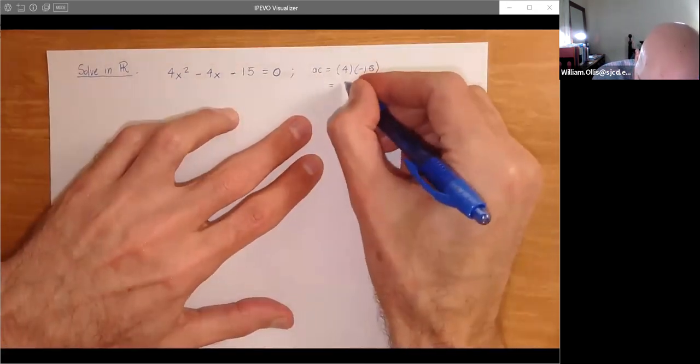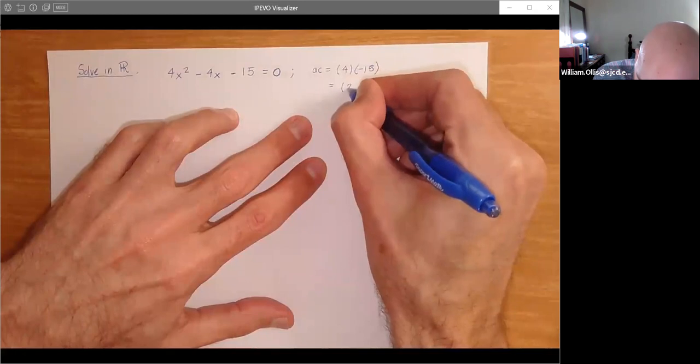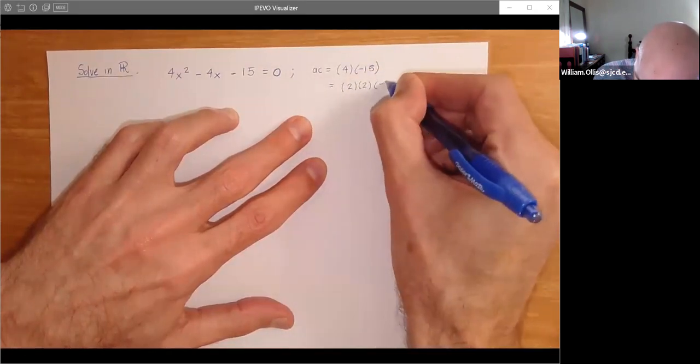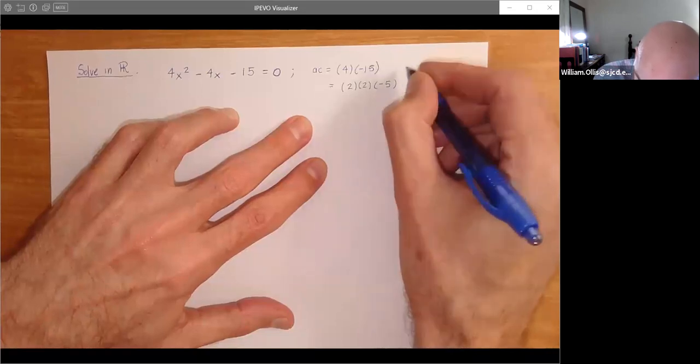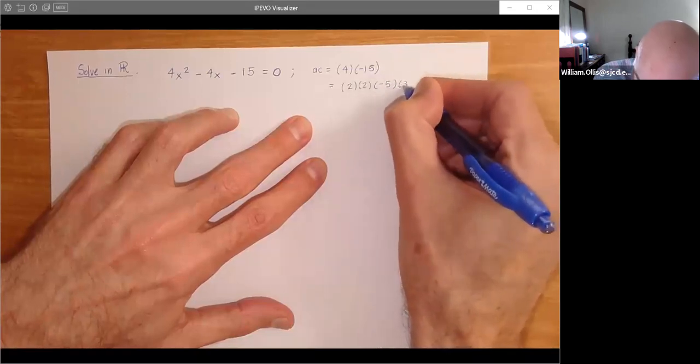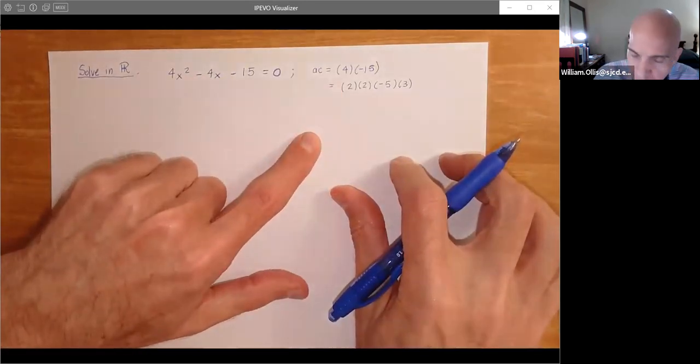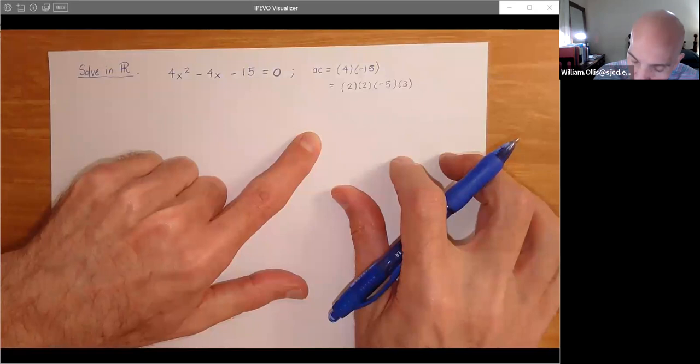So first, what I'm going to do is just write 2 times 2, and then a negative 5, in this case, times a 3. Just do a prime factorization. You know the product is negative 60, so now you're already thinking what two numbers will work.